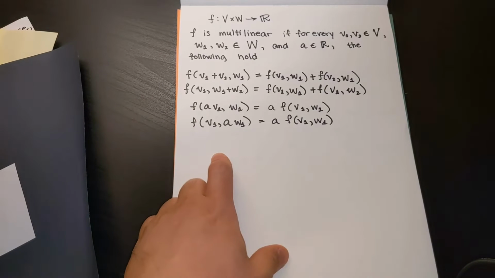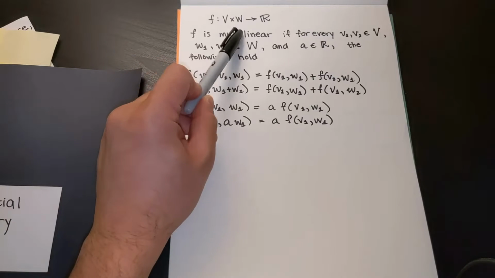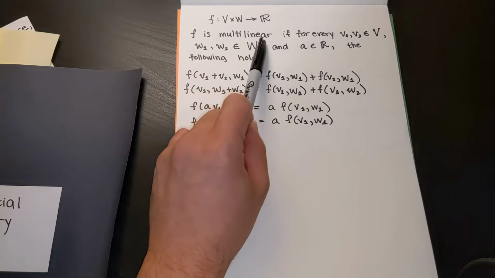If V and W are vector spaces over the real numbers, a tensor is a function from V cross W to R that is multilinear.